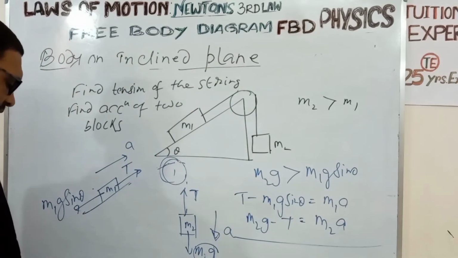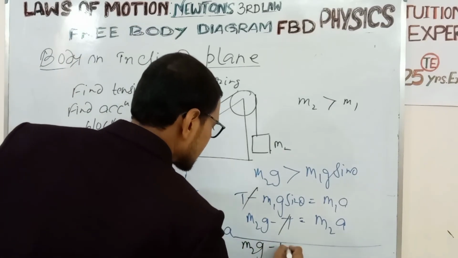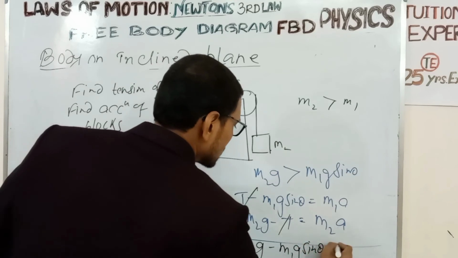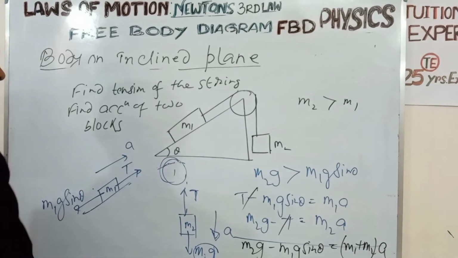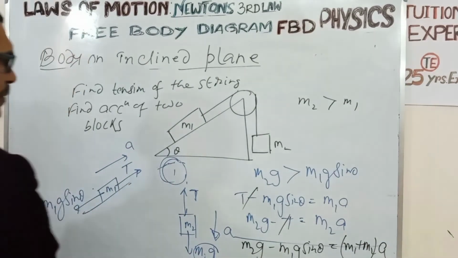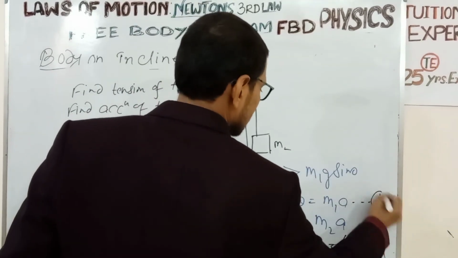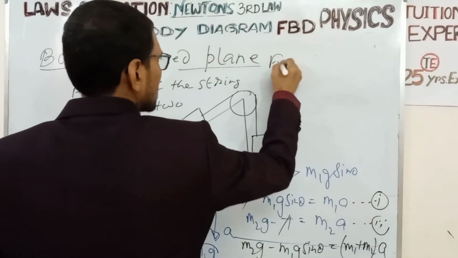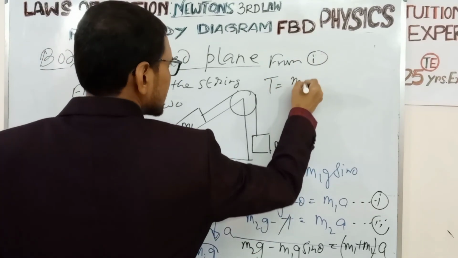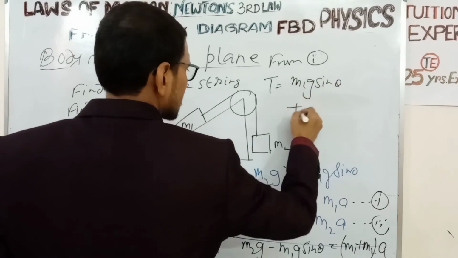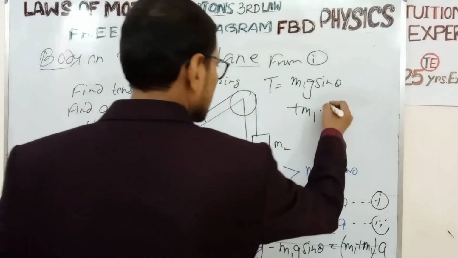If we add, then we get m2g minus m1g sin theta equal to (m1 plus m2) into a. So from this we get a. Now put the value of a here and we get T. Suppose this is equation 1, so from 1 we get T equal to m1g sin theta plus m1a.